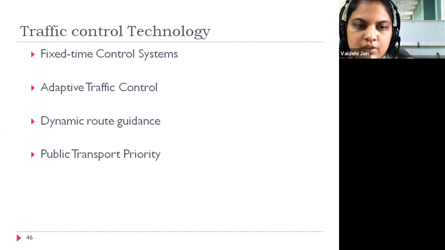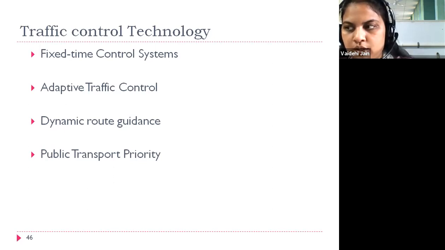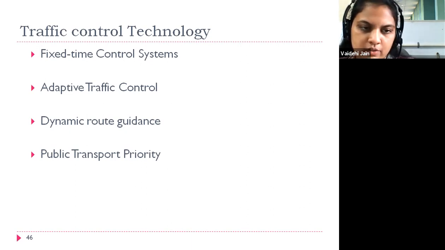In adaptive traffic control, the traffic can be controlled based on the requirement. If one lane has more traffic, then the green signal is given there. If another lane has less traffic, then it gets the red time or a short period of green time there. So this can be the adaptive type of traffic control.